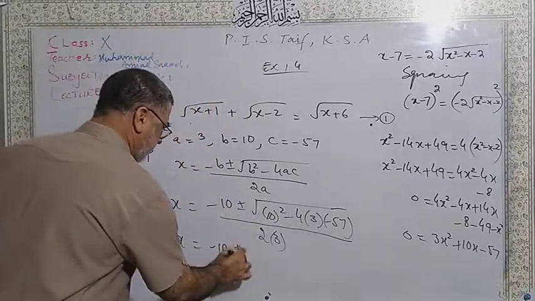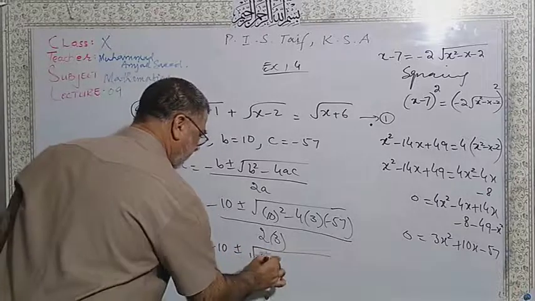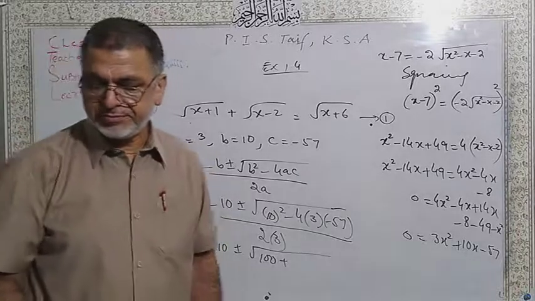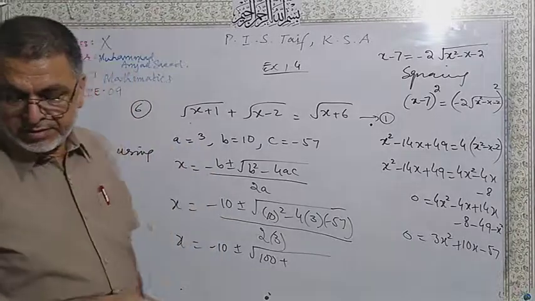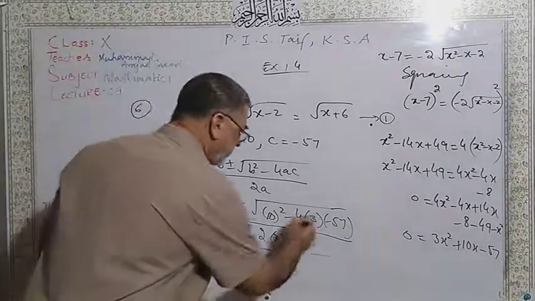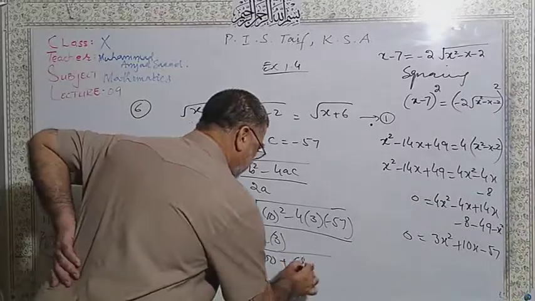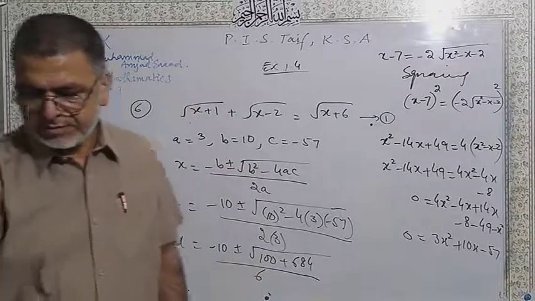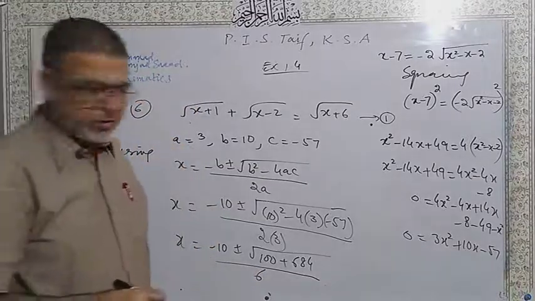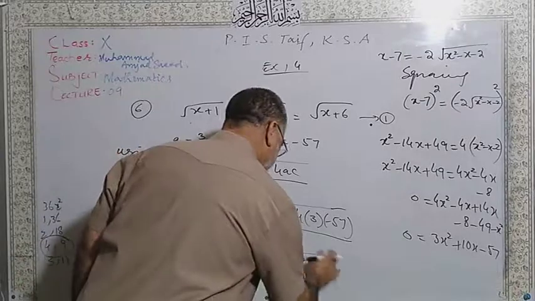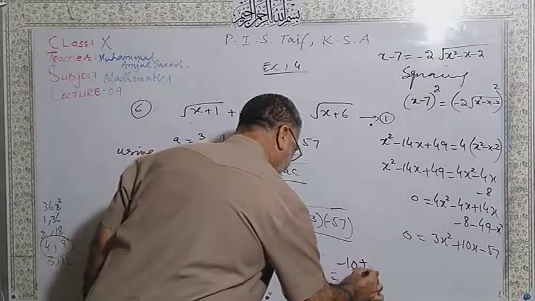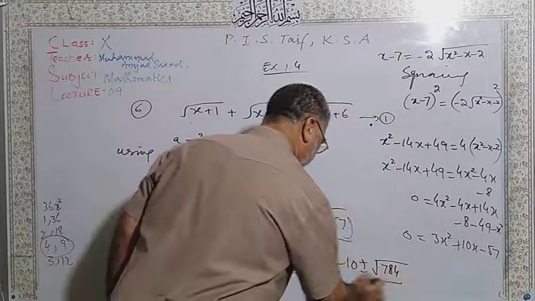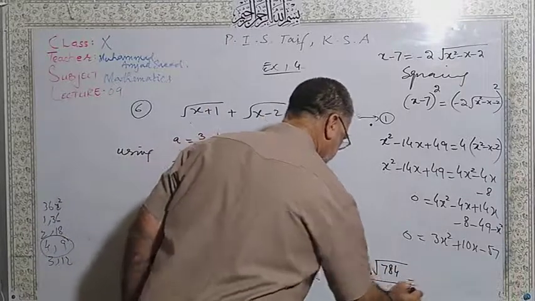minus 10 plus minus square root of 100 plus, multiplying them, 684 over 6. Okay, we will have minus 10 plus minus square root. If you add them, it will be 784 over 6.